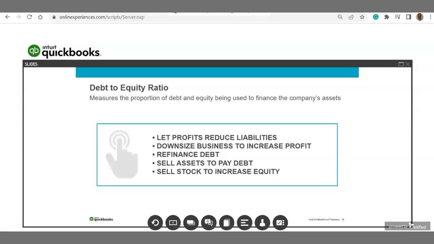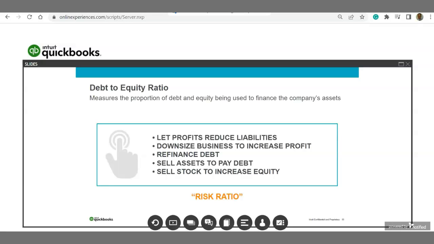Or they could focus on downsizing the business's overheads, reducing those indirect expenses in order to increase profit to then reduce their liabilities. They can refinance their debt, see if that's an option for the business. They could sell assets to help pay down the debt. They could sell stock to increase equity. These are the types of suggestions that you can have great discussions with your client about.